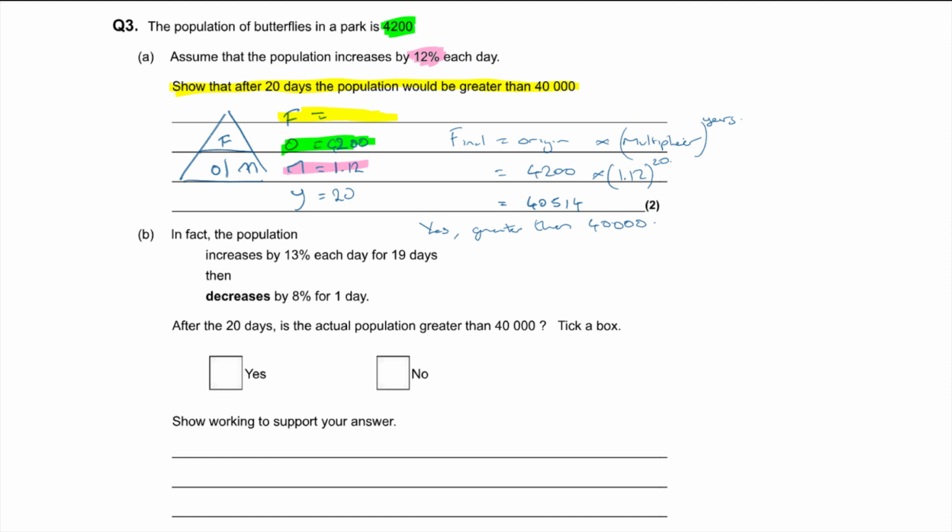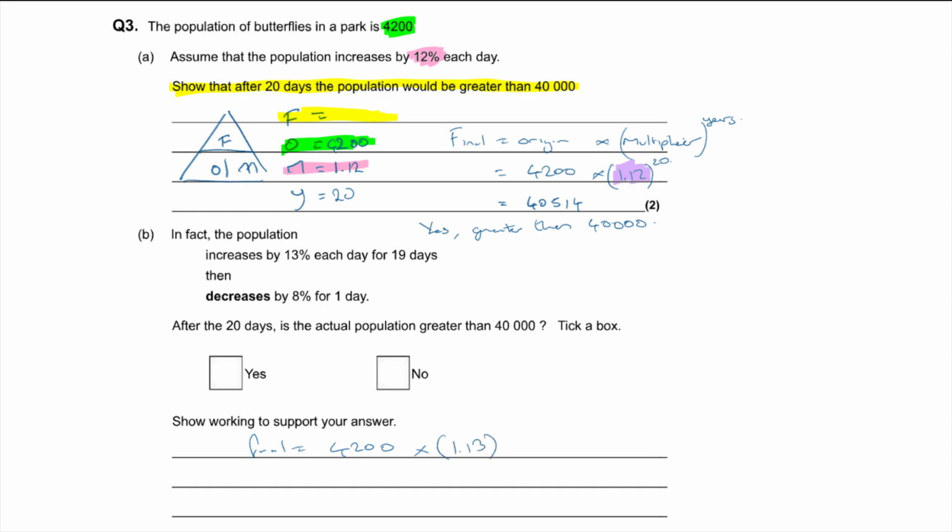Okay, so for this one, if we're going to change this to 13% and reduce the number of days to 19, but then add a final multiplier on the end, we're going to get our final is equal to 4,200 times, rather than 1.12, 1.13 for our 13%.